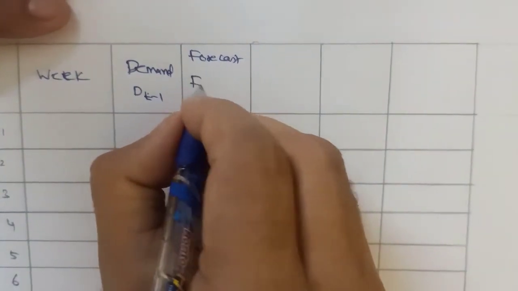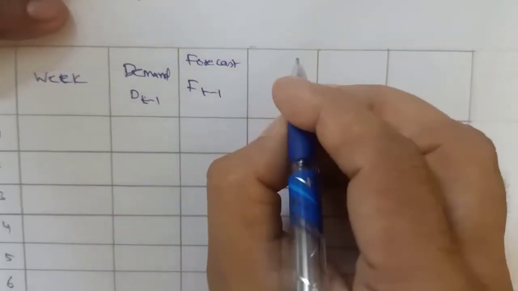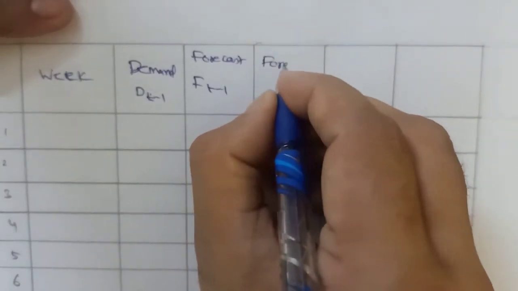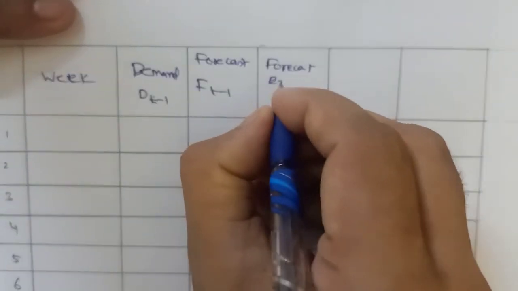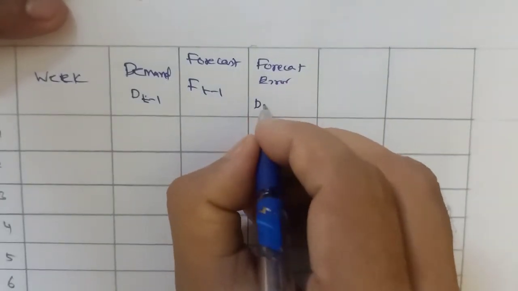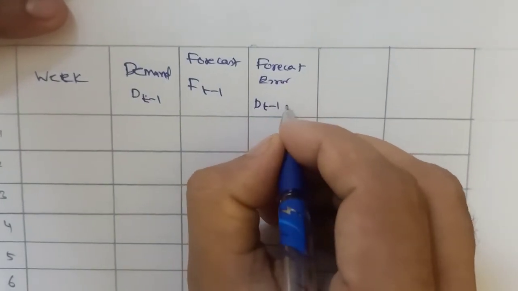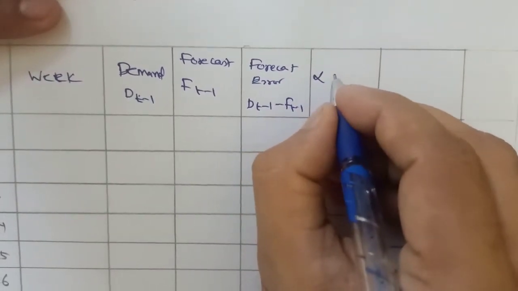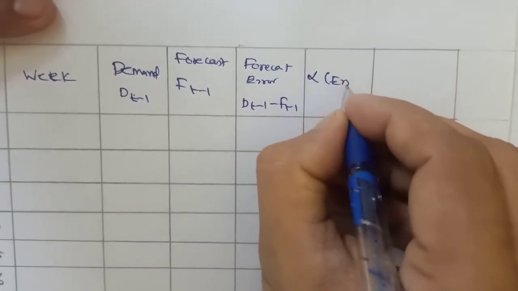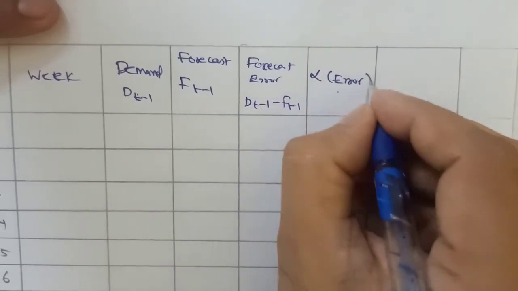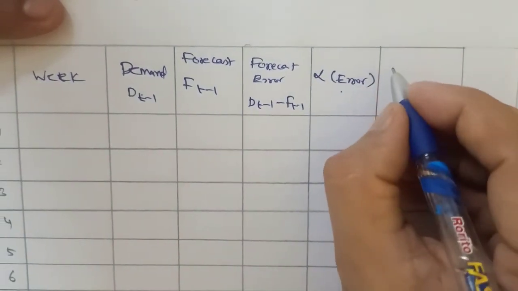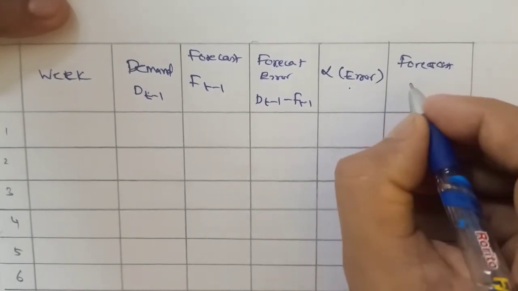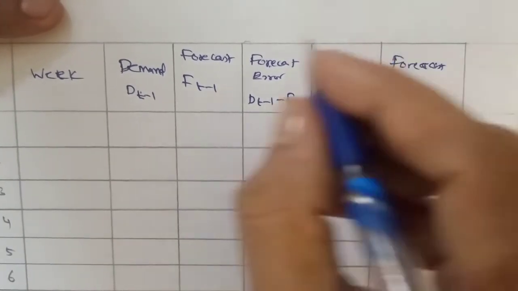So this is ft minus 1, and here the forecast error, that is dt minus 1 minus ft minus 1, and here alpha into error. So this value we are going to refill, and finally forecast. So here it is called ft.